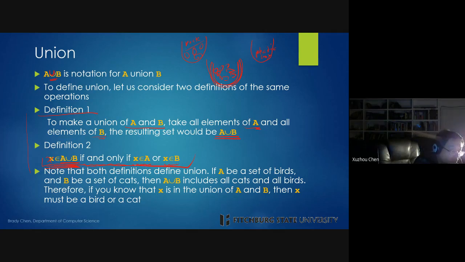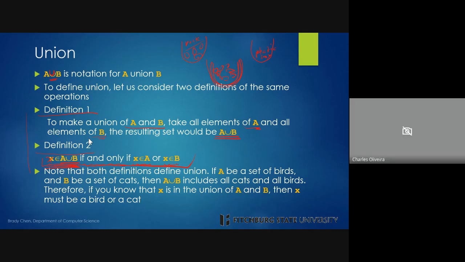Now the other way is also true. If X belongs to A or X belongs to B, then X belongs to the union. So that's the definition. Okay. I'm missing the both part, where you say it could be from both.